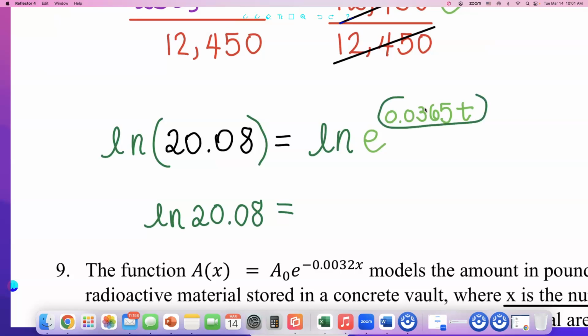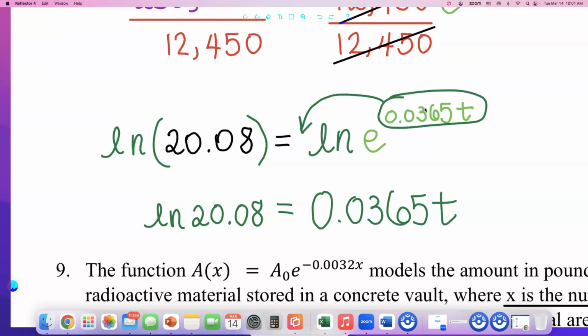This exponent comes down to the front, so we have 0.0365t. And what happened to this natural log of e? Natural log of e is just 1, so you can say this is getting multiplied by 1, or it just cancels out. So no more ln e. This is what we have.